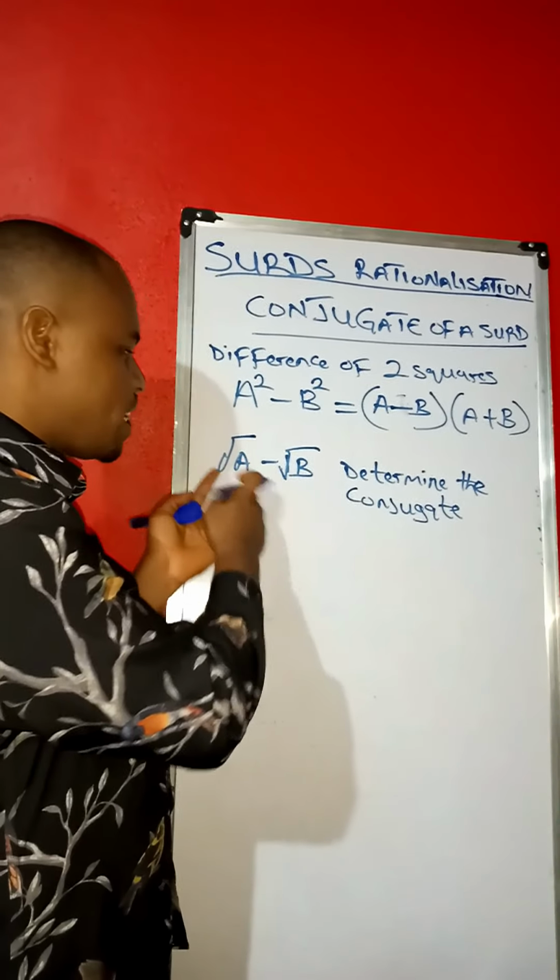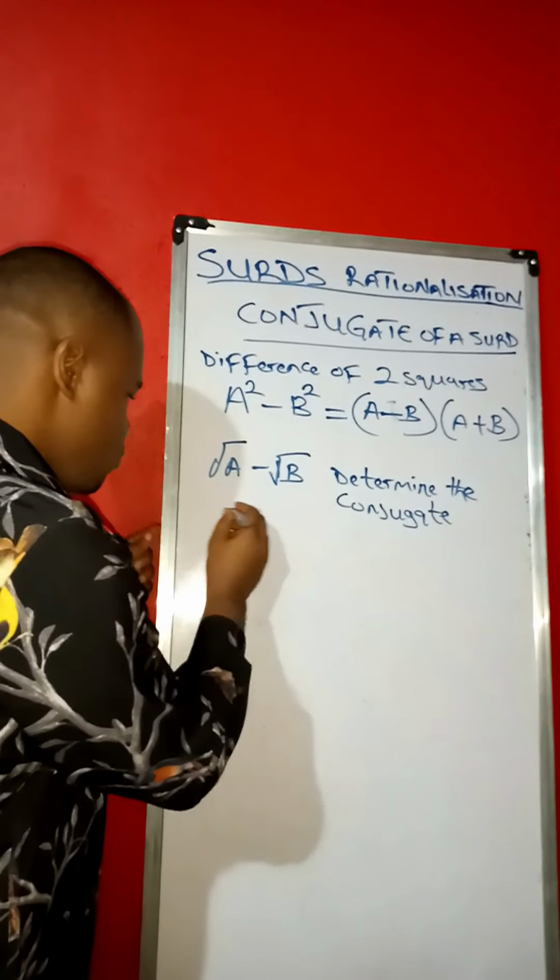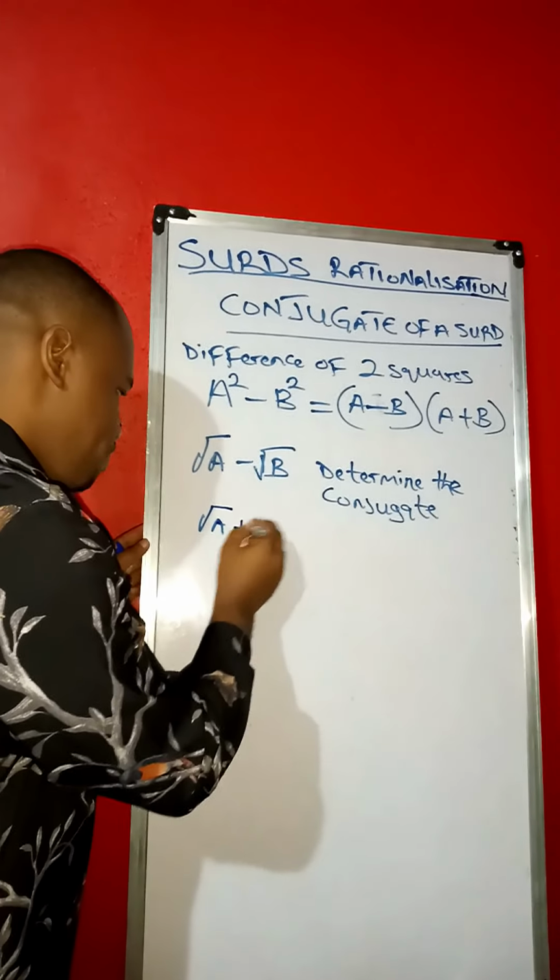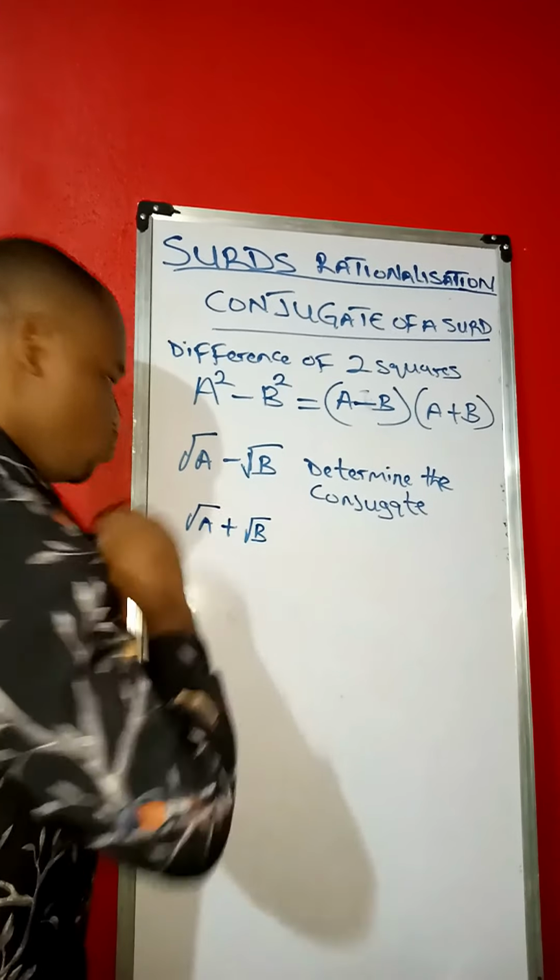This is root a minus root b. The conjugate will be root a plus root b.